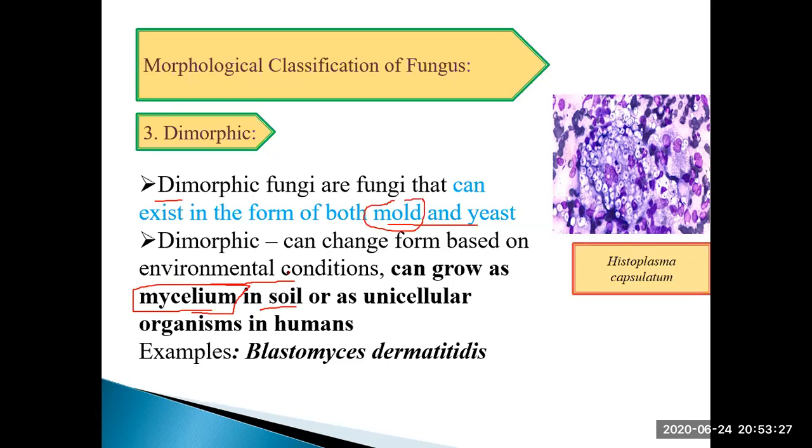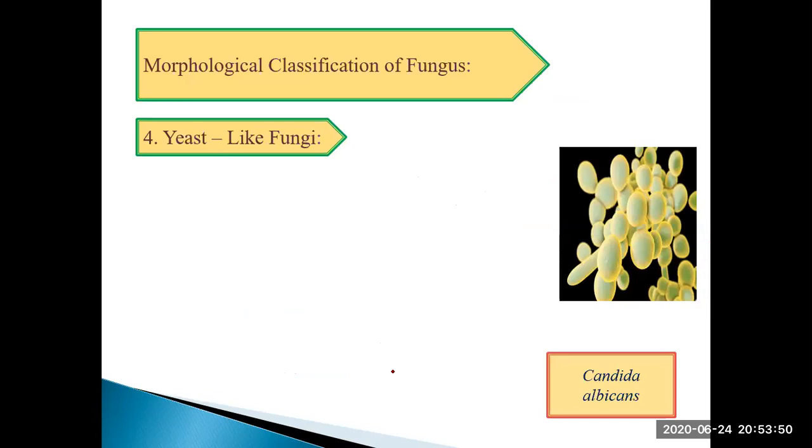Whenever it is present in the human body, or attaches to the human body, it grows like a unicellular organism, which is the characteristic of yeast. So it's called a dimorphic fungus. And the example is Blastomyces dermatitidis.